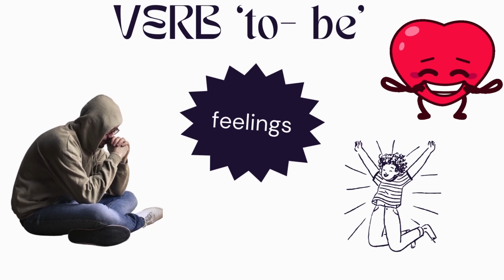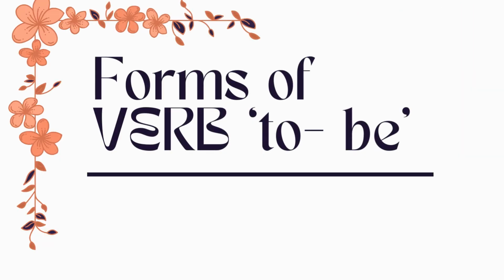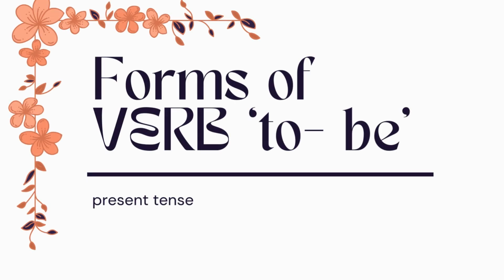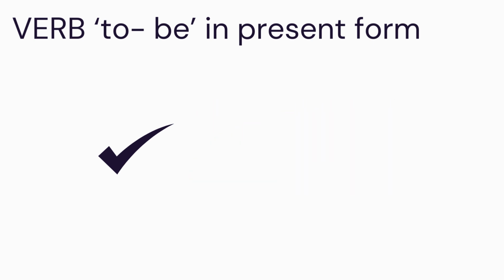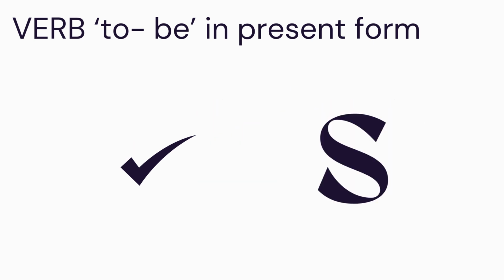Now, let's look at the different forms of the verb to be. These change depending on the subject of the sentence and the tense. The verb to be forms in the present tense are am, is, and are.